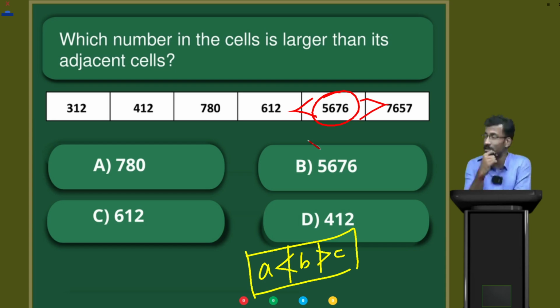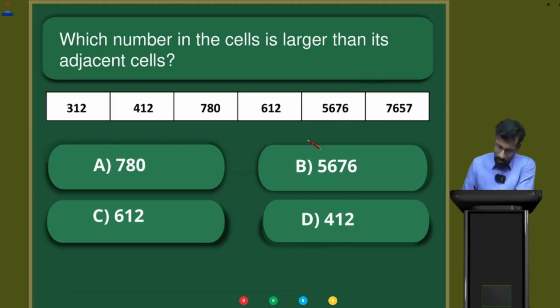Just normally say it's 5000 or 7000. Which one is greater? Obviously 7000. So it will be contradicting. So we are not taking option B. The first elimination is done.